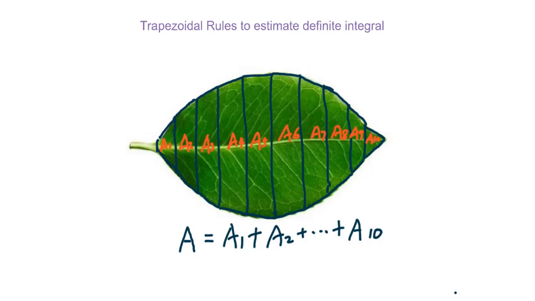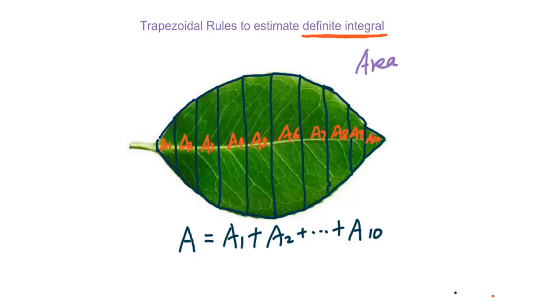As we know, when we're talking about the area, it's related to the definite integral. Therefore, if we want to figure out the definite integral, we can use the same way to estimate.